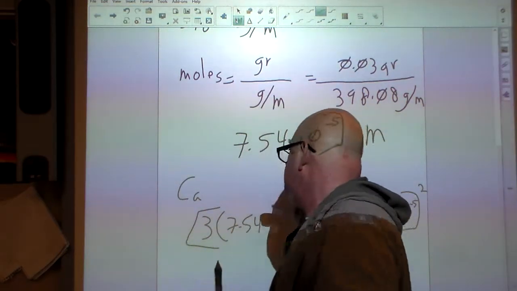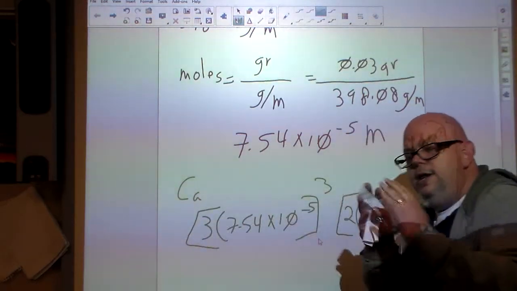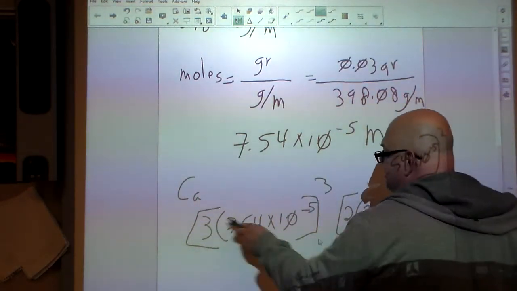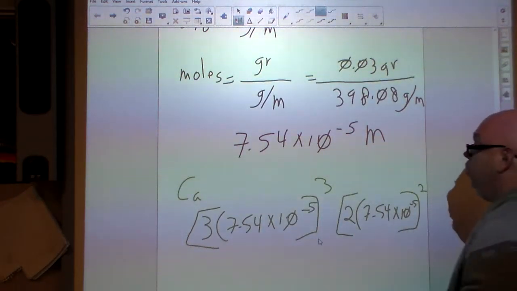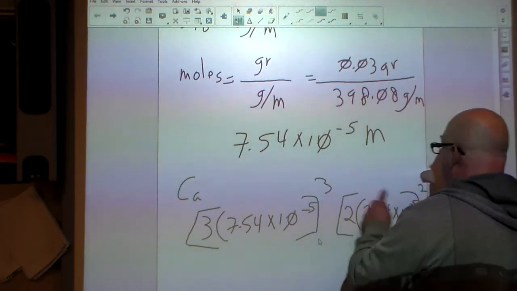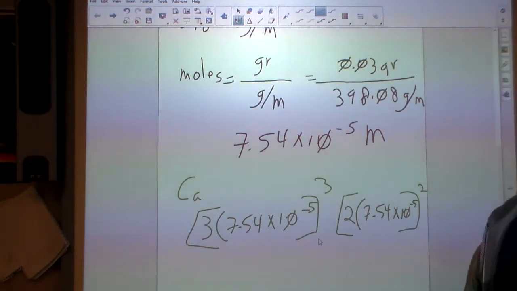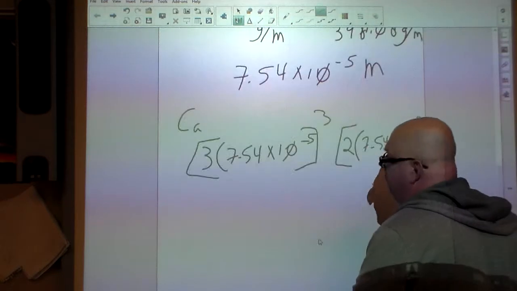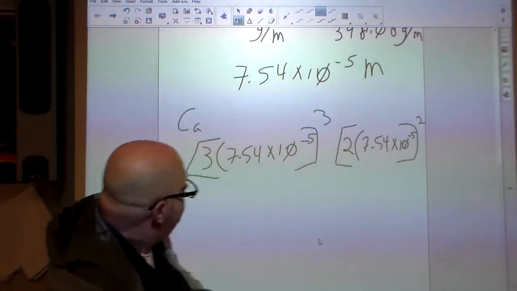So when we break it down, how many calciums do we have? You have to go 3 times this, and 2 times the arsenate. Then you take it to the power based on what you got here and here. That is part of the equilibrium formula that we mentioned earlier.